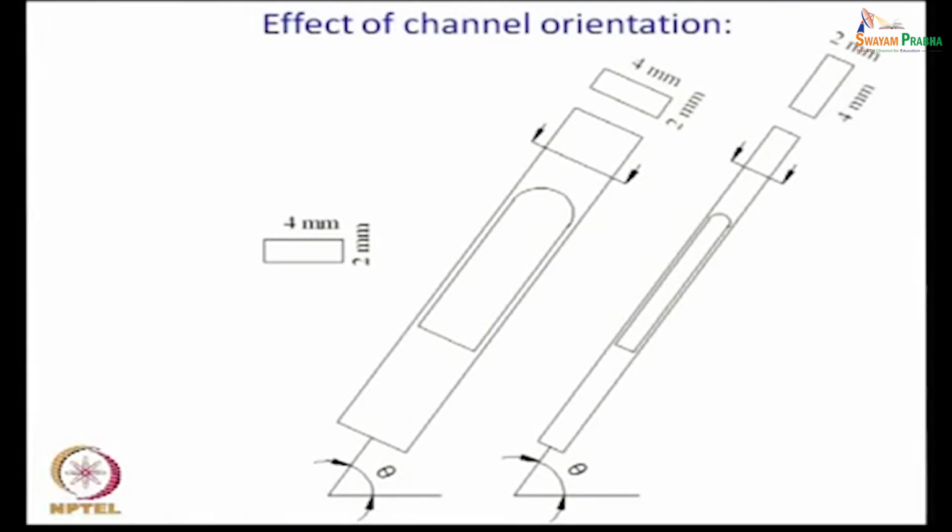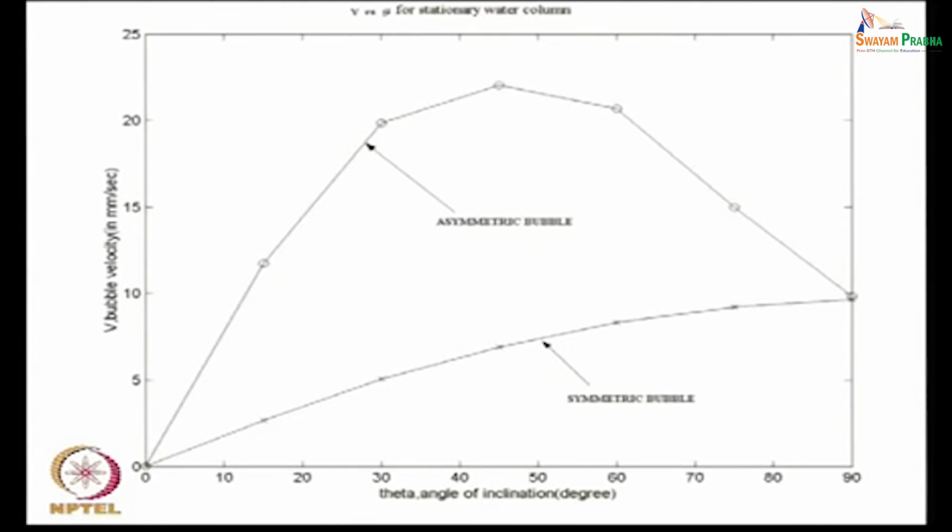These were the two effects of two orientations that I was talking to you about. We observed a very interesting situation in this particular case. We found out that normally the rise velocity gradually increases and then it decreases, isn't it? I have already discussed it for a circular pipe.